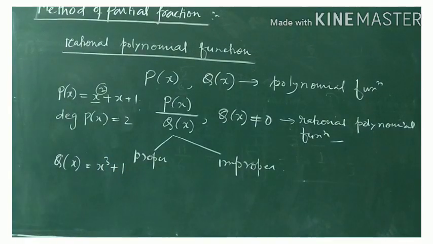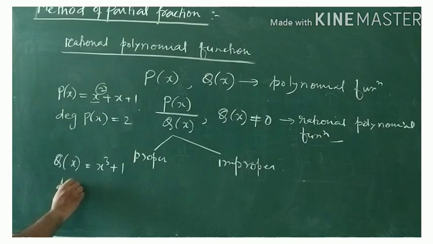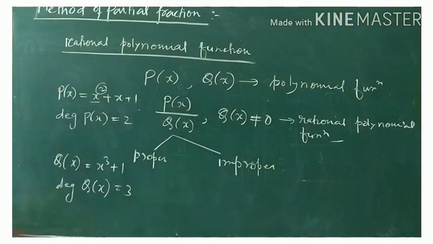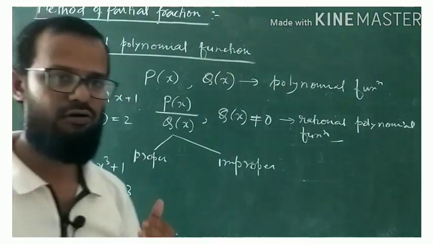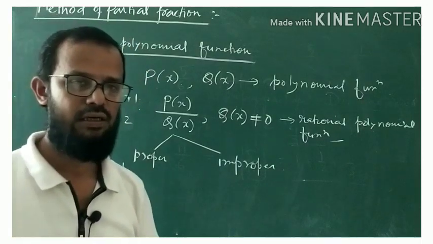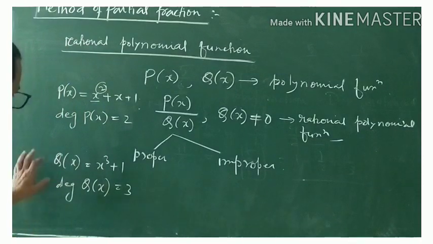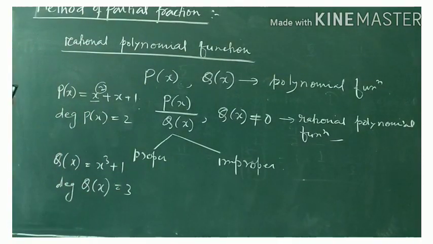It is also a polynomial function. Here the highest power of x is 3, so degree of Q(x) is equal to 3. So I hope you understand what the degree of a polynomial is: the highest power of x involved in the polynomial.